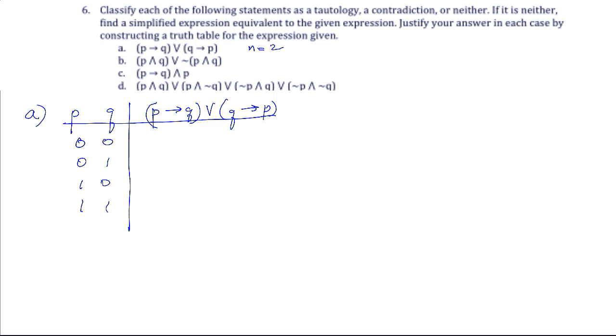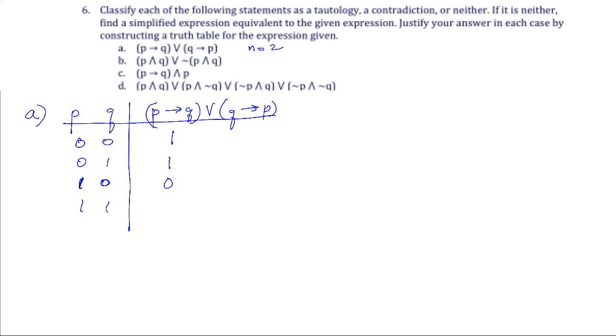I have 4 possibilities. And if P then Q is true whenever P is false, and the only time if P then Q is false is when I have a true premise and a false conclusion.